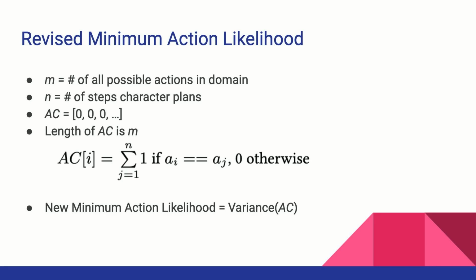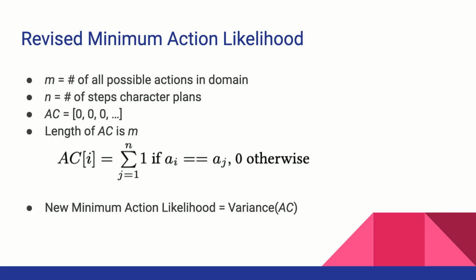The way we did this was we created a set with all zeros, of the same size as the number of actions in the domain, and each index in the set relates to a possible action in the domain. We then go over the entire story, meaning all the actions that have happened up to the action that we're checking for, as well as any future planned actions. We then add to the index indicating each action.